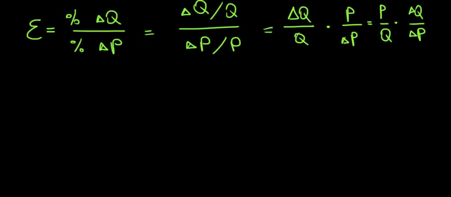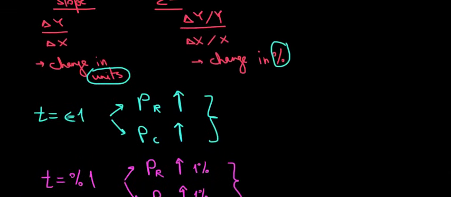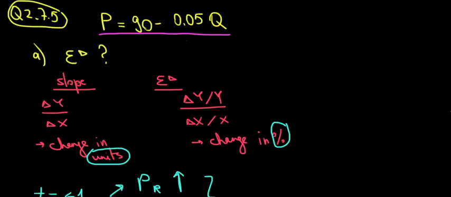Now, how can we calculate the elasticity itself? Well, the elasticity of demand would be equal to the price. What was the price? The price was 90 minus 0.05 times quantity, divided by Q. Okay, we have Q. And now what is delta Q over delta P? Well, that is the slope when the price increases by 1 unit. Can we find that out from the linear function that they give us? Well, let's see.